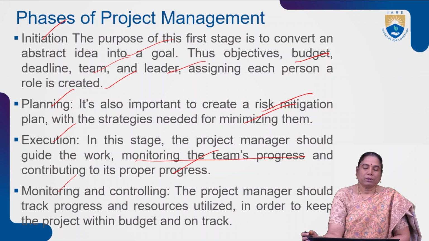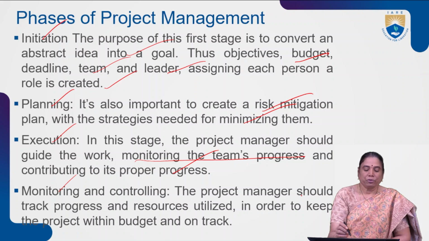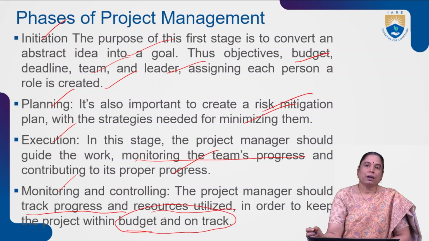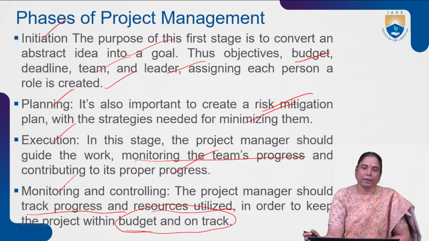The last phase of project management is monitoring and controlling. The project manager should track the progress and resources utilized in order to keep the project within the budget, on track and on time.